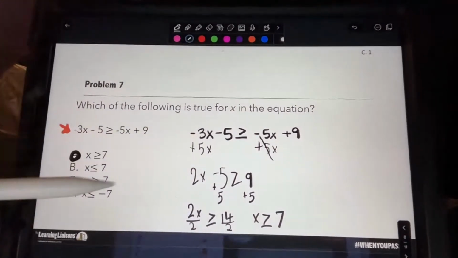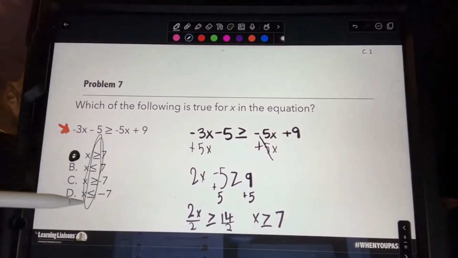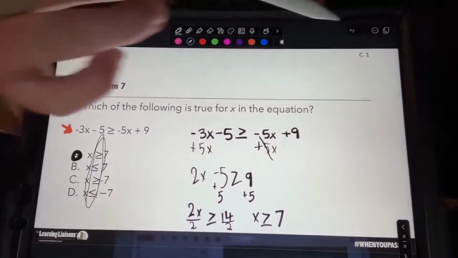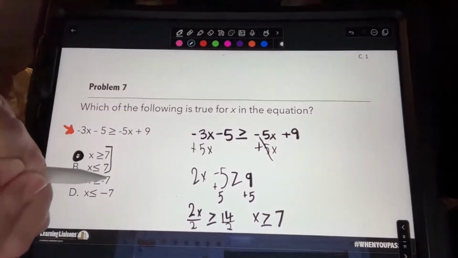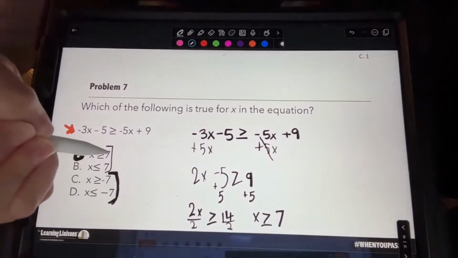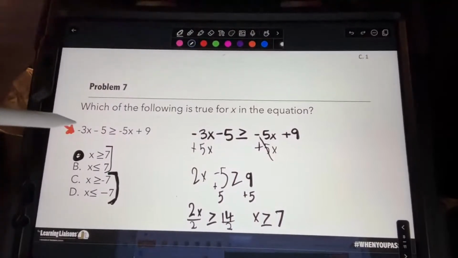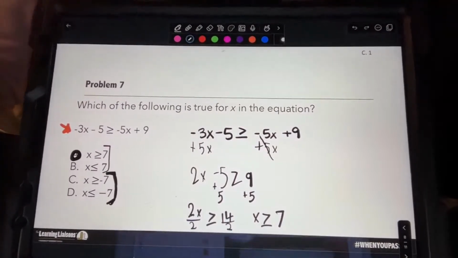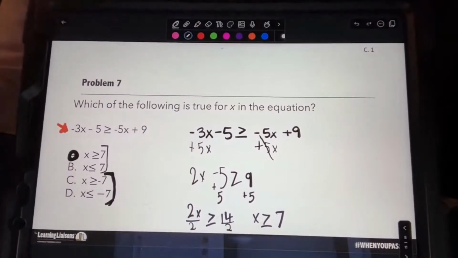Well, I can look at these answer choices and see that it's greater than or equal to. These are very similar, and these are very similar. So I'm going to pick a number and plug it in.